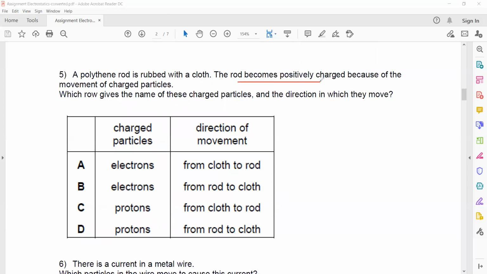The rod becomes positively charged. So if the rod becomes positively charged, it means it loses electrons. Which charged particle? So either A can be the answer or B. And then the direction of the movement, because the rod becomes positive, so it is from rod to cloth. So that's why B is the right answer.